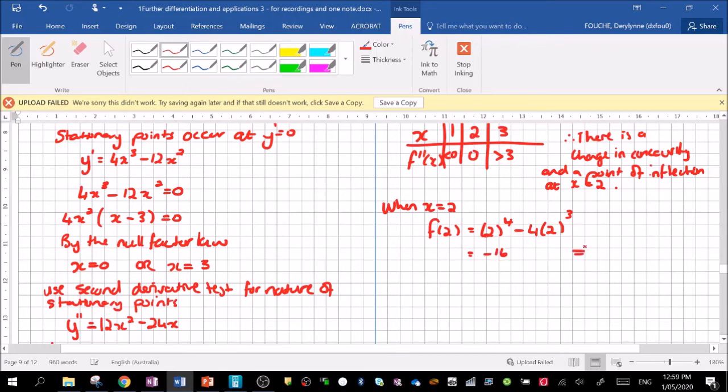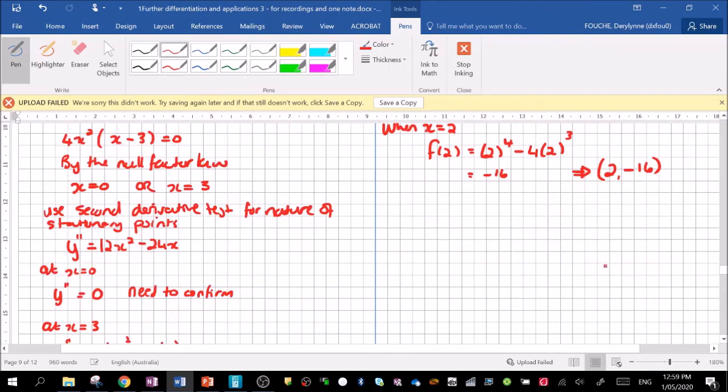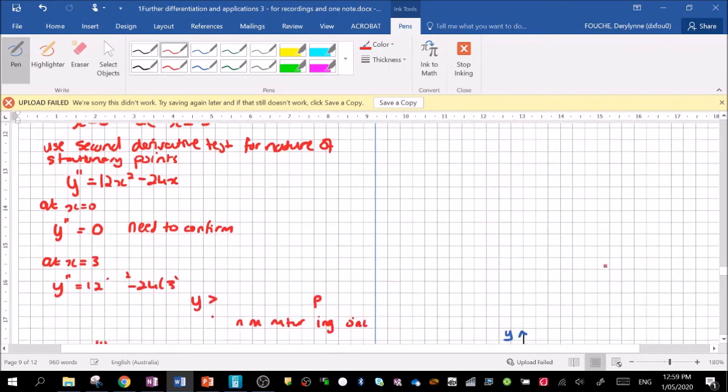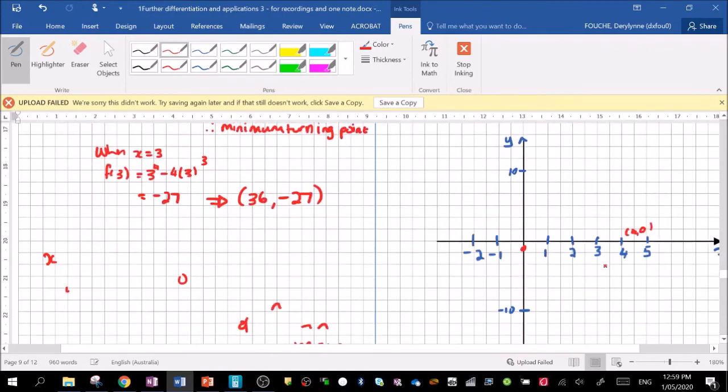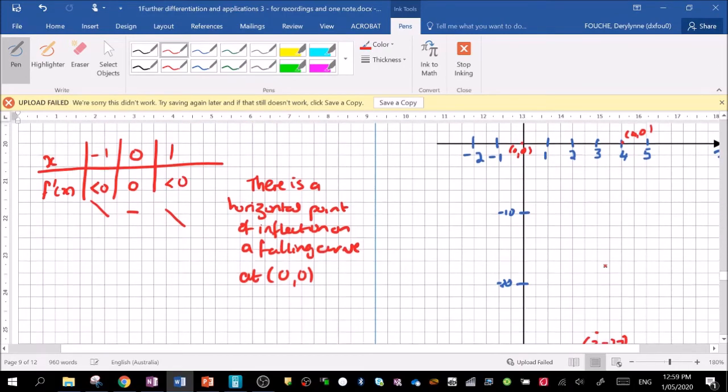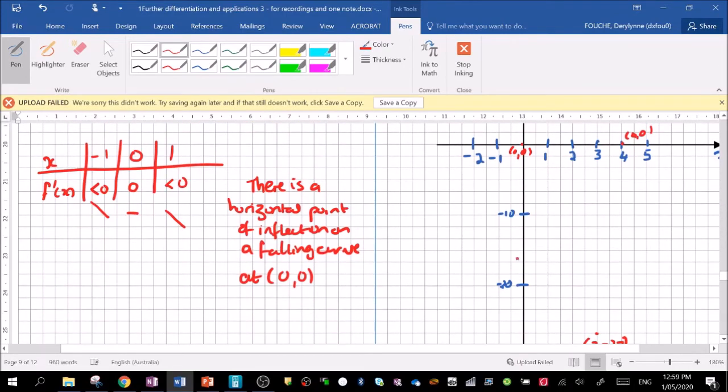So I've got a point of inflection happening at 2, negative 16. Okay, we're making progress. Let's put that in on our graph. Okay, so at 2, negative 16, I have a point of inflection.